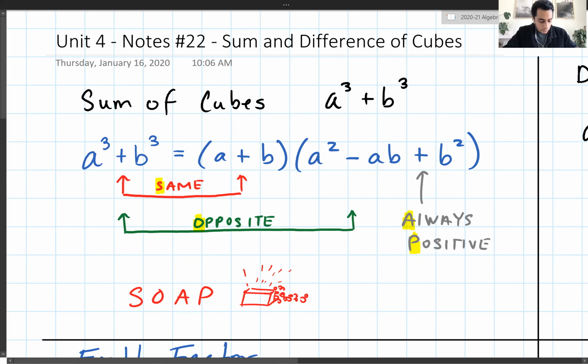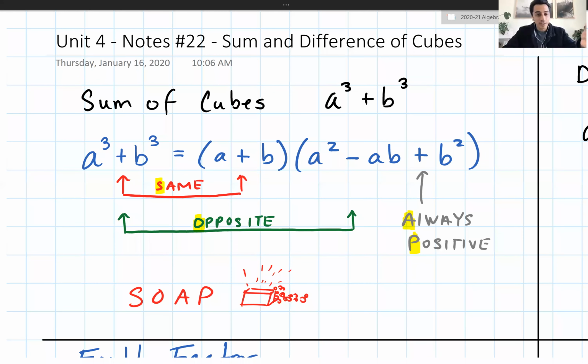When you have a term like a taken to the third power plus b to the third power, it factors into a plus b times a squared minus a times b plus b squared. Our job is to identify what is that term that got taken to the third power, because that's the value that we're going to plug in for a, or the value we're going to plug in for b.